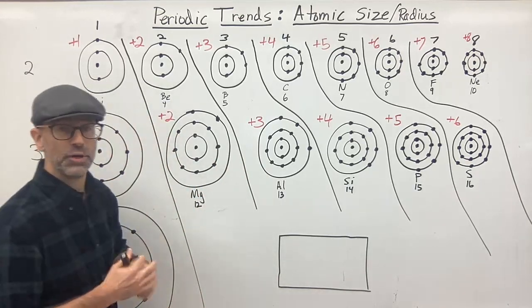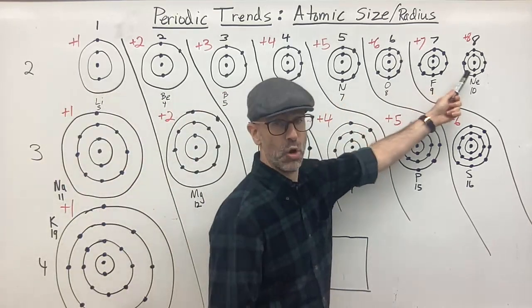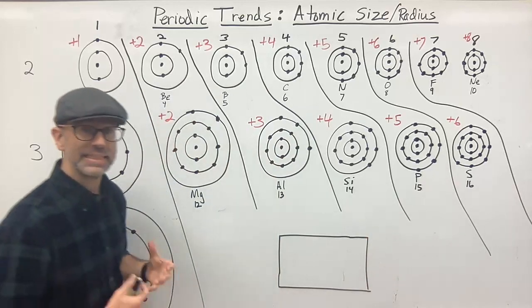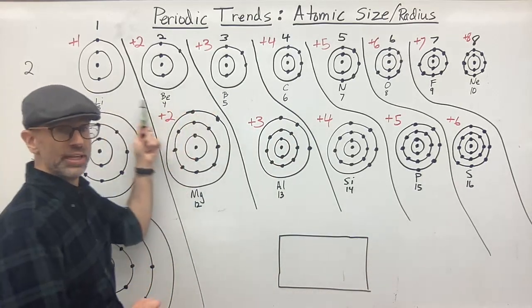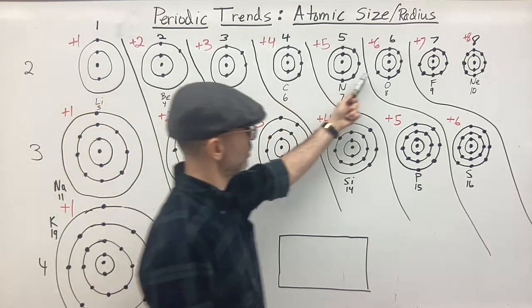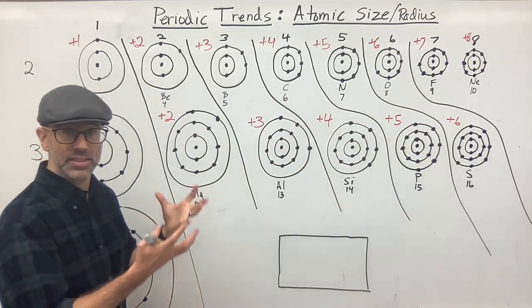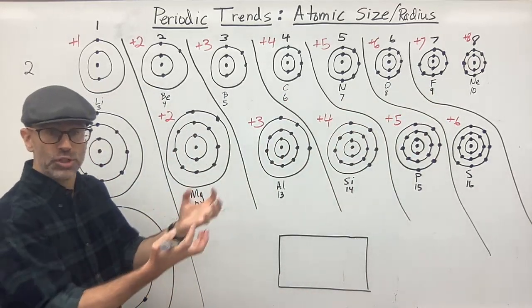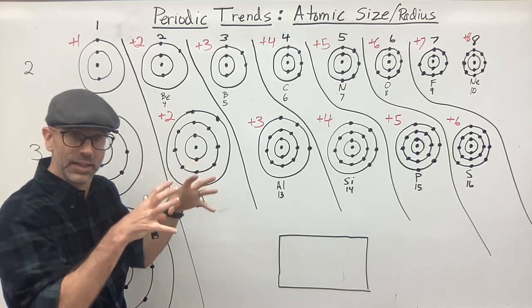If we remember that the effective nuclear charge is increasing going this way, then it makes sense that the atomic radius, or the size of the atom, would decrease going across left to right. And again, that's because the electrons are being pulled more strongly towards the nucleus, and so therefore they're going to go in a little bit more.